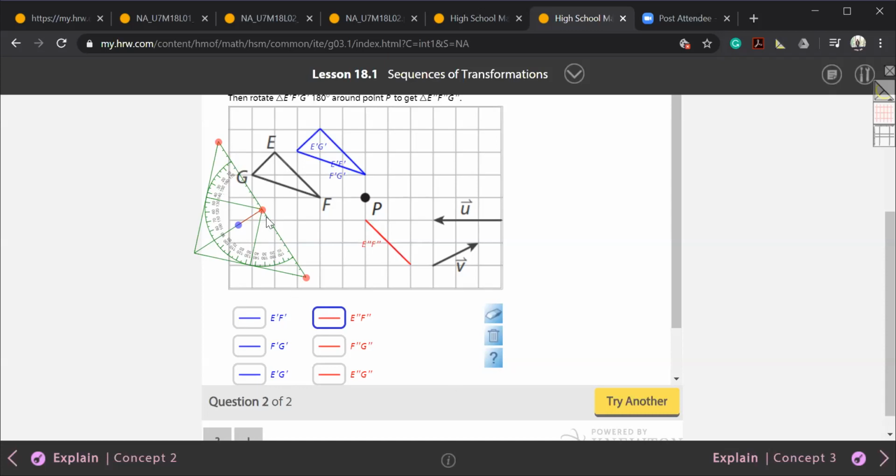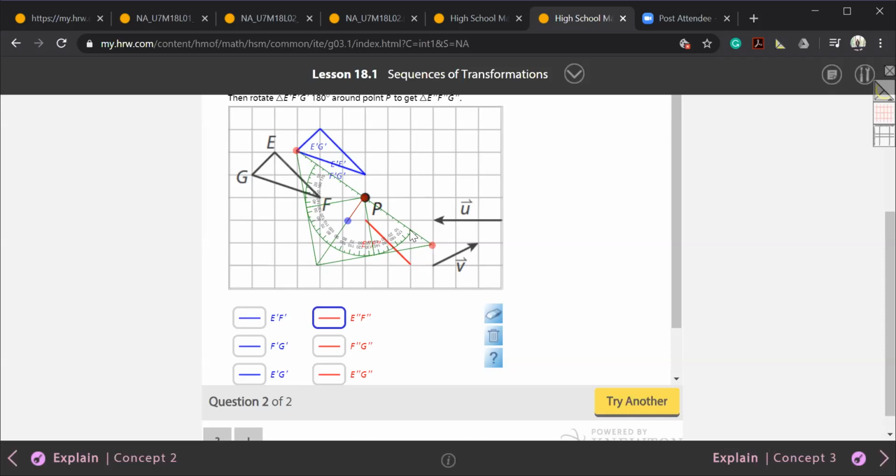Let's check. Where is G? Put the center on the center. And then go to G. This G, sorry. Yes, exactly. Where is G? Let's move a full protractor from here till here.